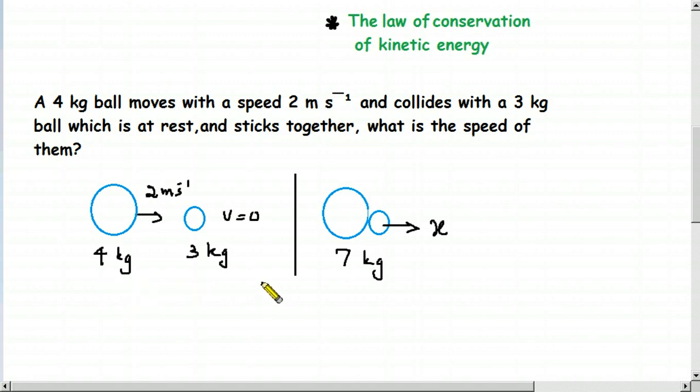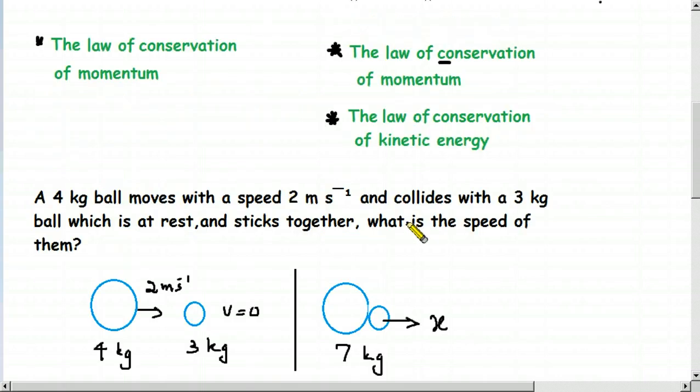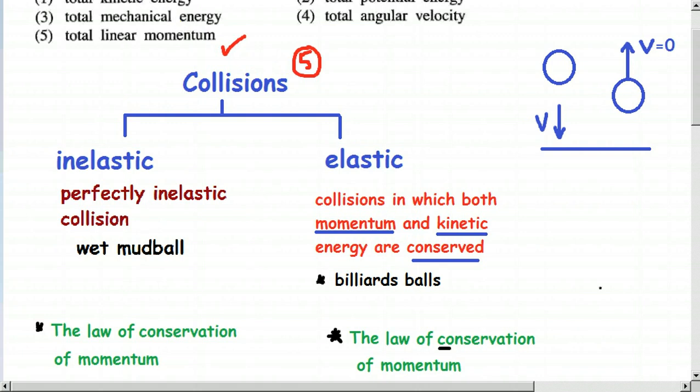Since these balls stick together after the collision, this must be an inelastic collision, because we explained that if a wet mud ball is thrown at the wall and sticks there, that type of collision is inelastic.